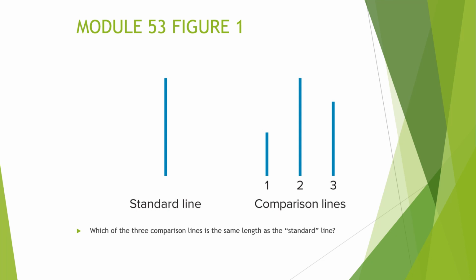The researcher wanted the participants to say which of the comparison lines was the same length as the standard line. This is a really simple question. It is very clear that line 2 is the same length as the standard line.